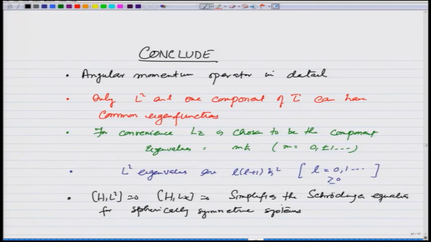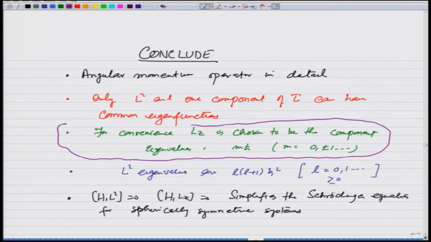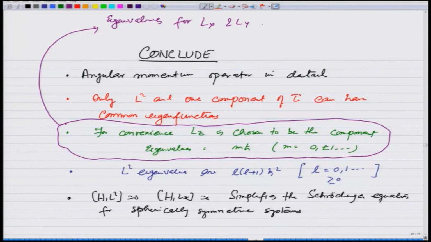What I would also just comment with respect to the eigenvalues for Lz, and I am encircling it here, is that the eigenvalues for Lx and Ly operators will also be the same if we decide to solve for them, except that the eigenfunctions are going to be slightly more complicated, because the direction should not really matter.